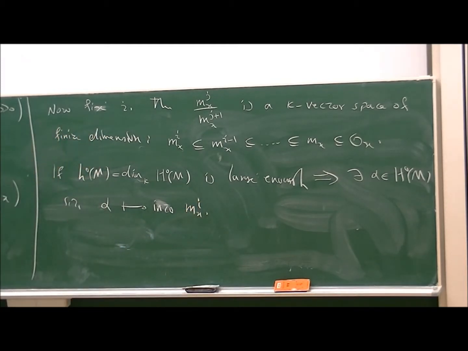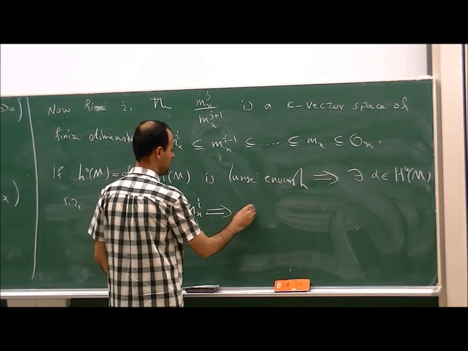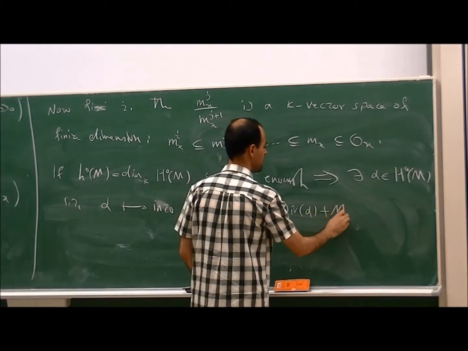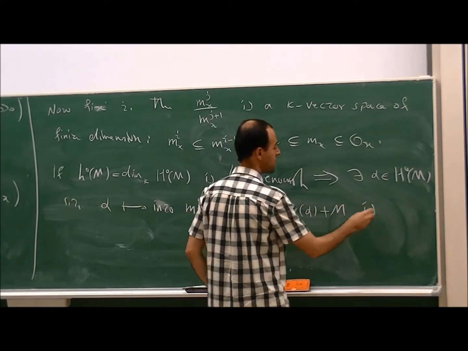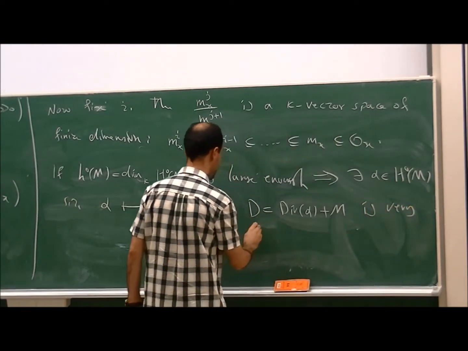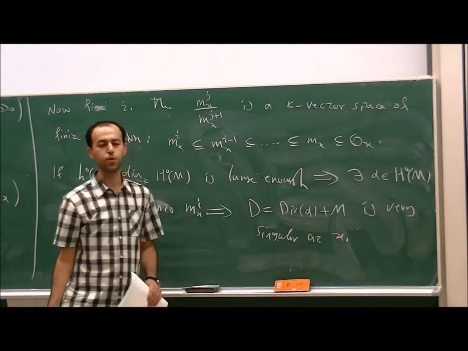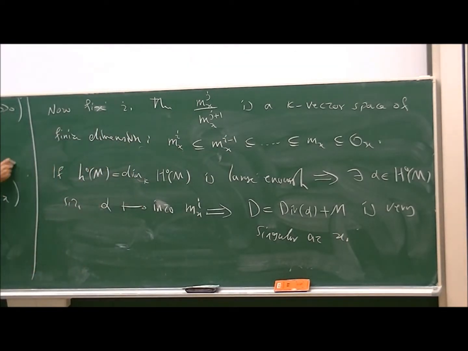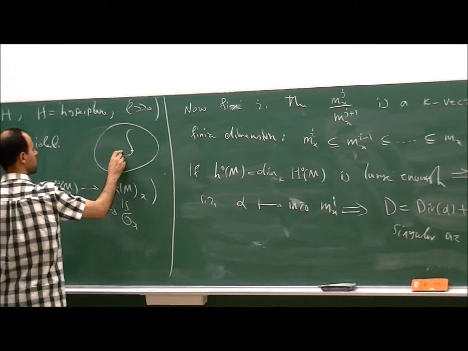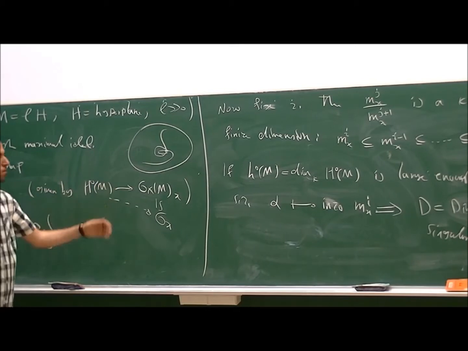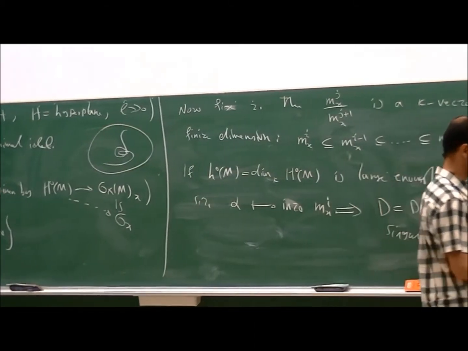That's pretty much saying that you have this section and it vanishes at that point with a very high multiplicity. So it implies that if you put G to be the divisor of this section, this is very singular at the given point X. And so the picture I was drawing here is just the intuitive picture of such an abstract kind of argument.